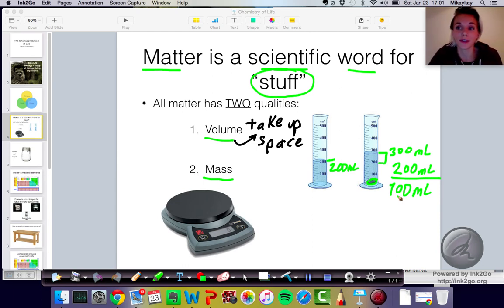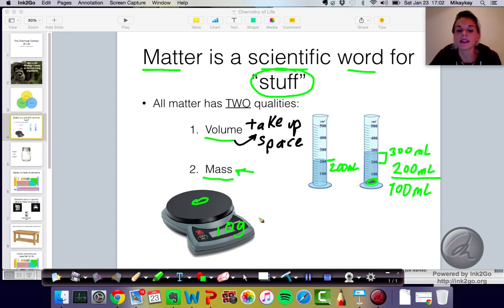Matter must have volume. Great. The other one that matter must have is mass, right? It must weigh something. So if we take this rock and put it right here on our little scale, this should measure that it has some kind of a mass, if it's not broken, that is. So let's say it has 10 grams, right?